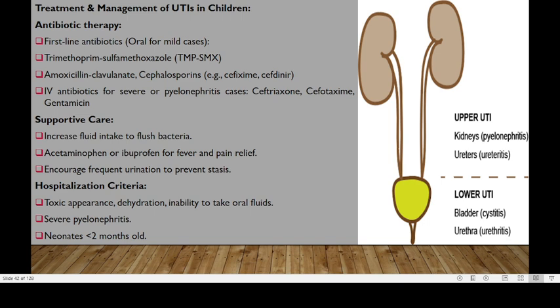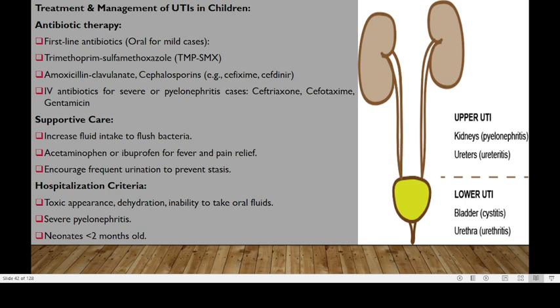IV antibiotics for severe or pyelonephritic cases like ceftriaxone, cefotaxime, and gentamicin. We also have supportive care where you need to increase fluid intake to flush out the bacteria, use acetaminophen for fever and pain relief, and you encourage frequent urination to prevent stasis.